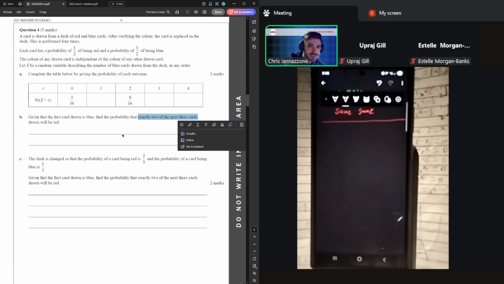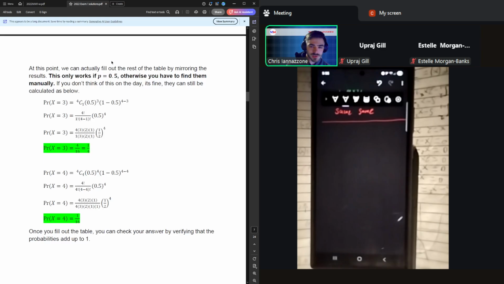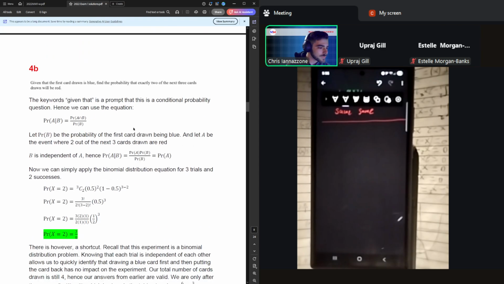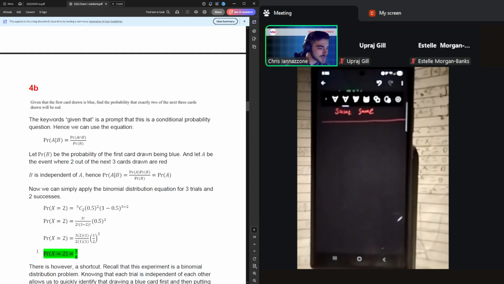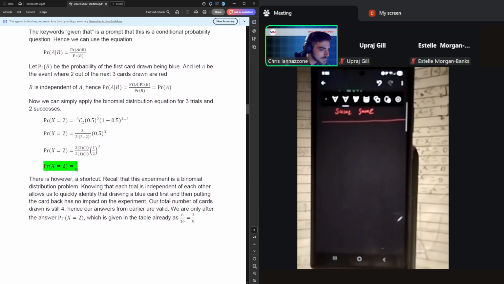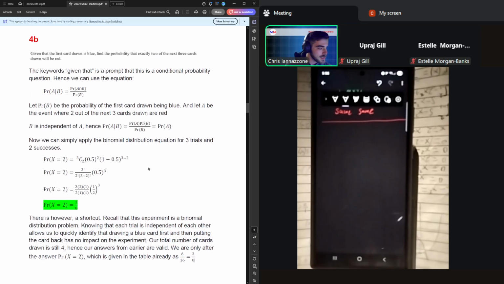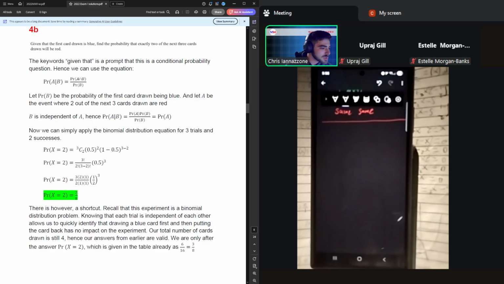There's 3 ways that you could arrange those things, and so it becomes 3 over 8. So you're mostly right there. You just have to remember that the ordering in which you do things can also play a role, which is this shortcut that I'm describing here. The other thing you could have done is have a Winner Soldier moment, see the keyword given and think, oh, yep, we're doing conditional probability.